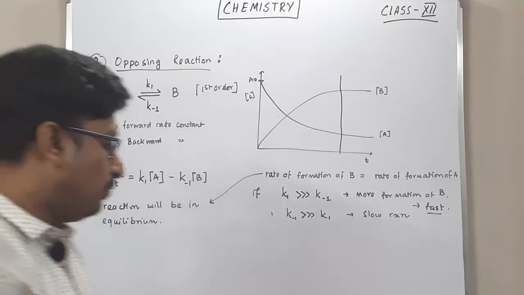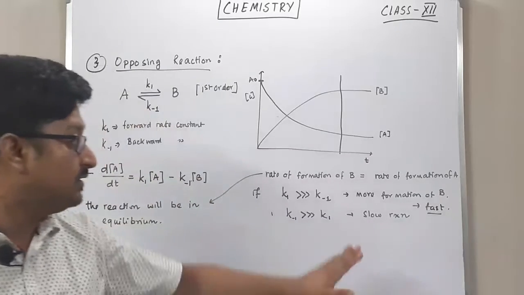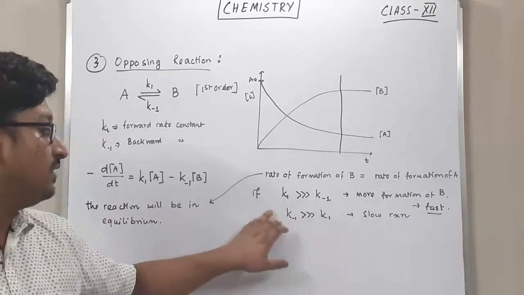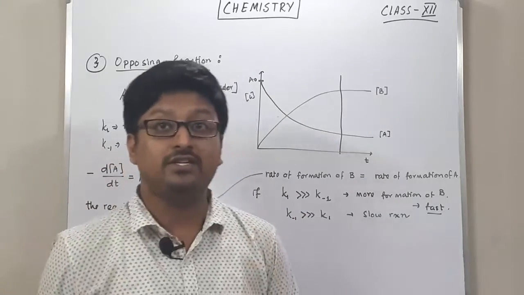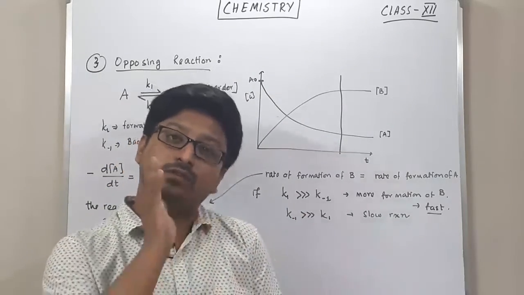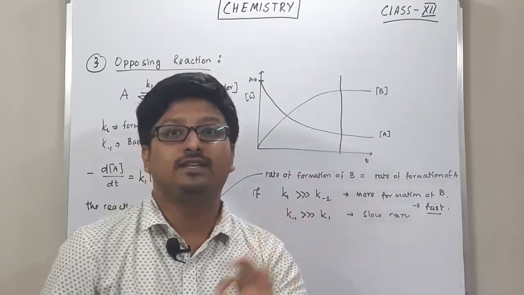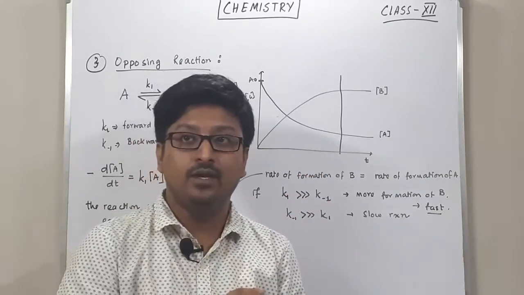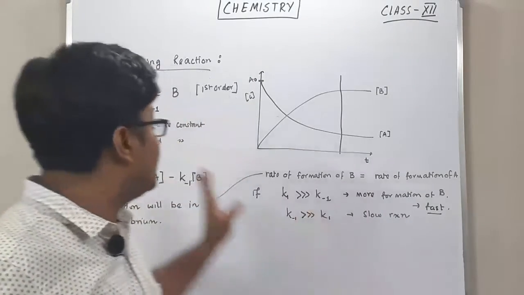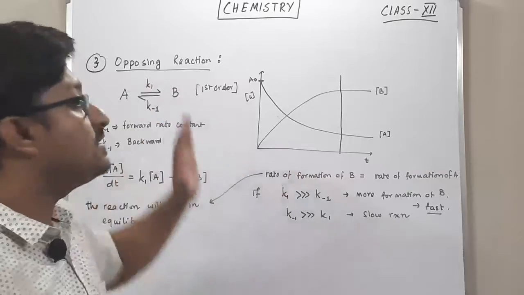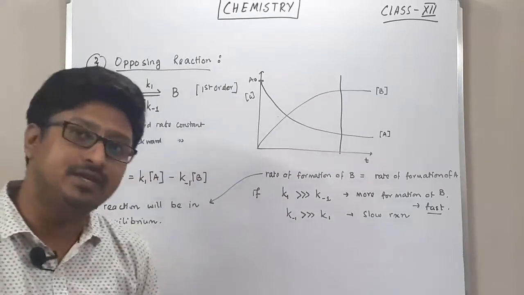Now most of the reactions usually follow this relation, which means the reaction is a slow reaction, and product formation will take place, but to a lower extent. So how do we influence these factors? This is the condition of a reversible or opposing reaction.